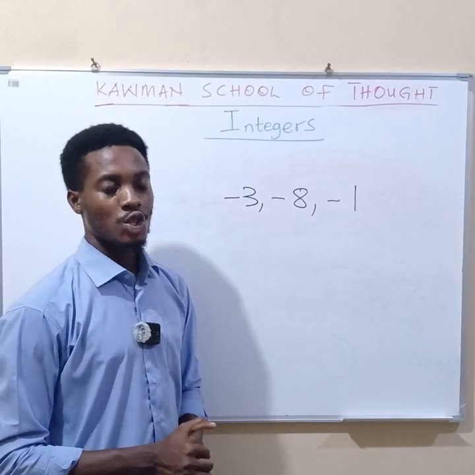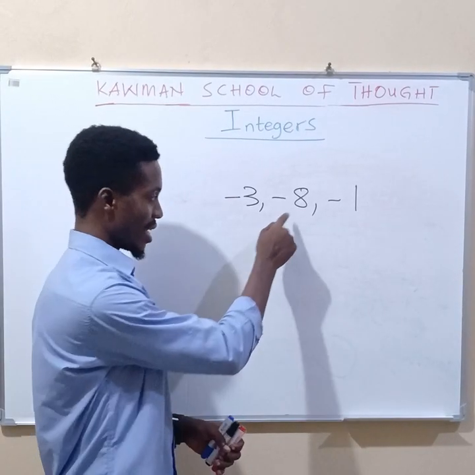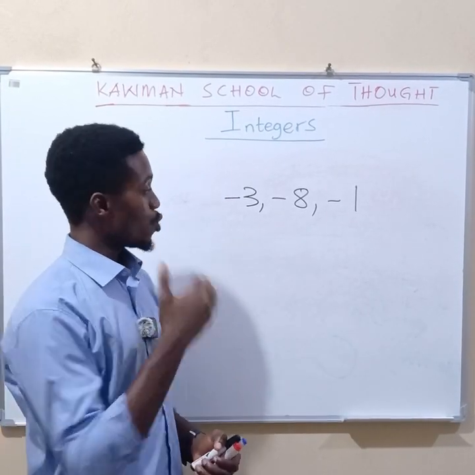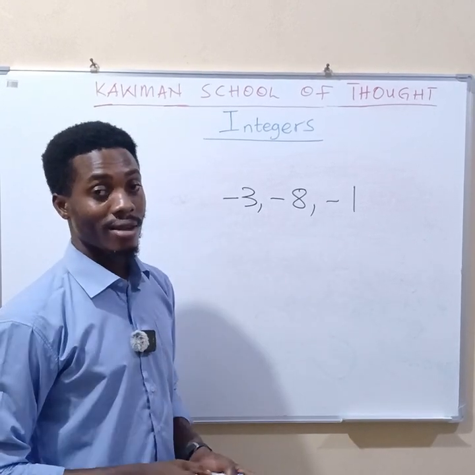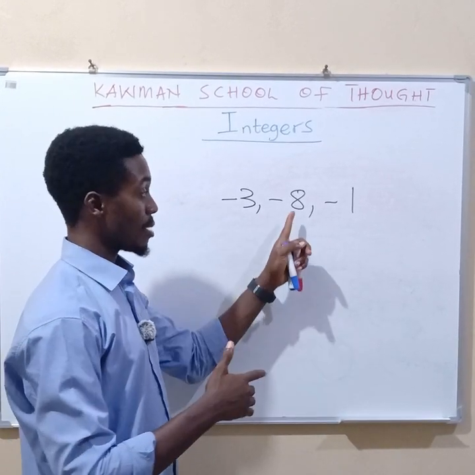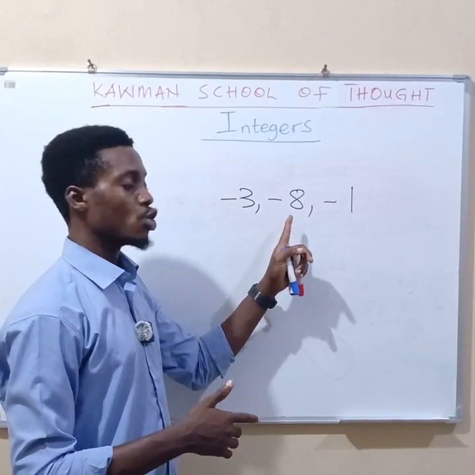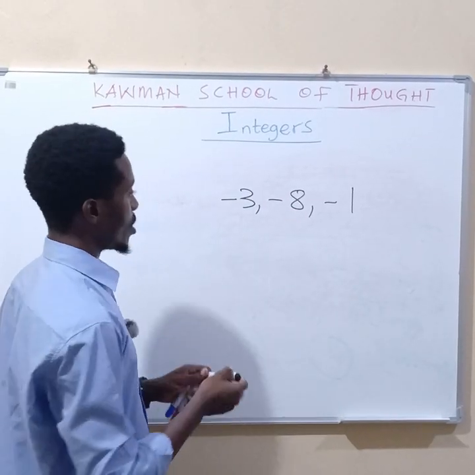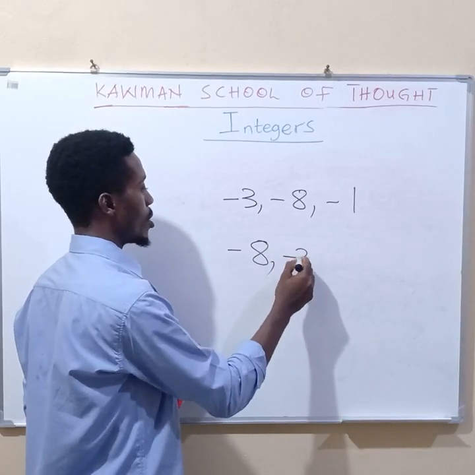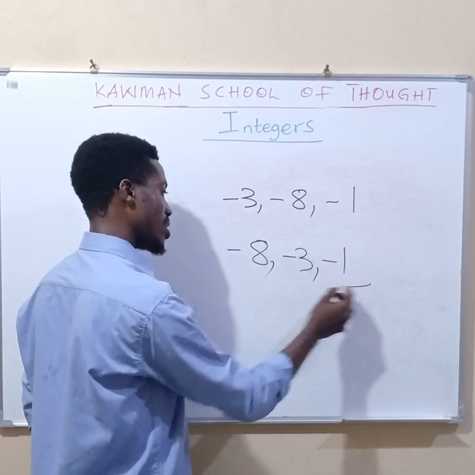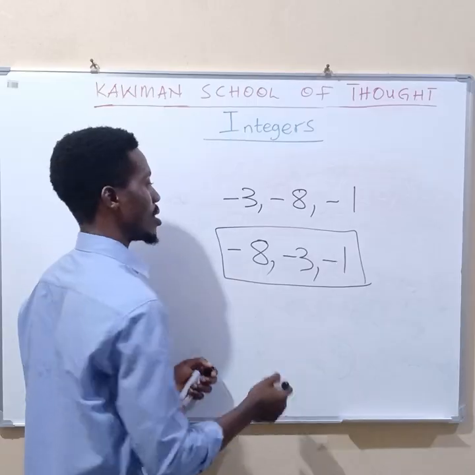No, the smallest number here is -8. Why? In terms of negative numbers, the bigger you see, the smaller it is. As in terms of the value, you see 8, but it's negative, so that's the smallest. So -8 comes first, followed by -3, followed by -1. So this is the correct order in ascending.